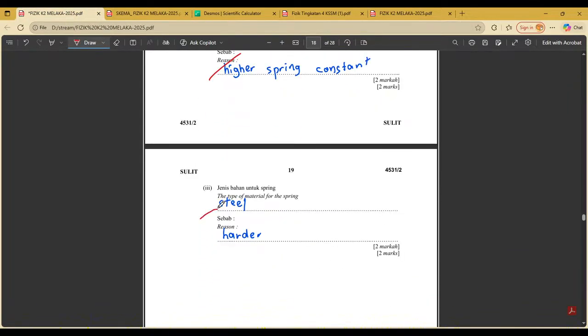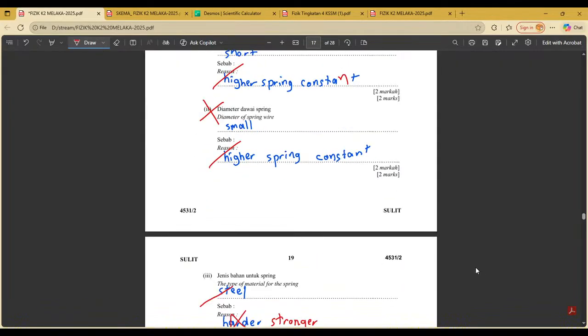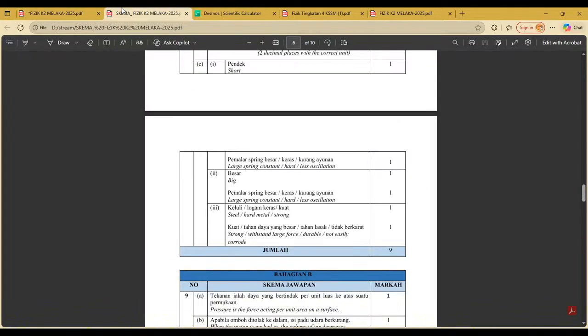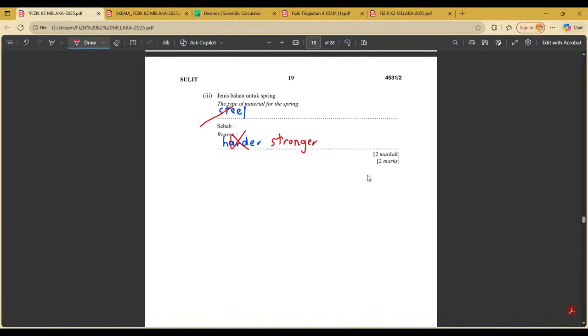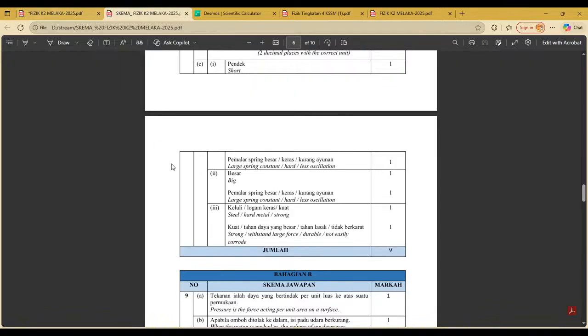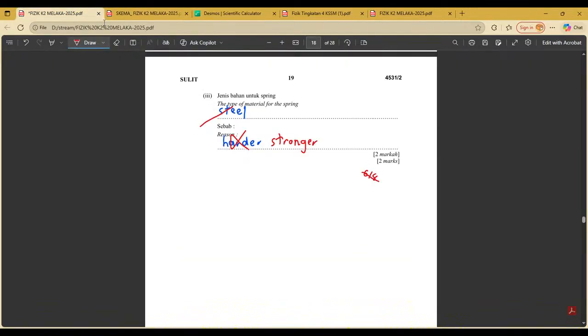It needs to be steel, result is strong, not hard, strong. I'll deduct 2 marks for that. 7 out of 9, not 6 out of 8. Okay.